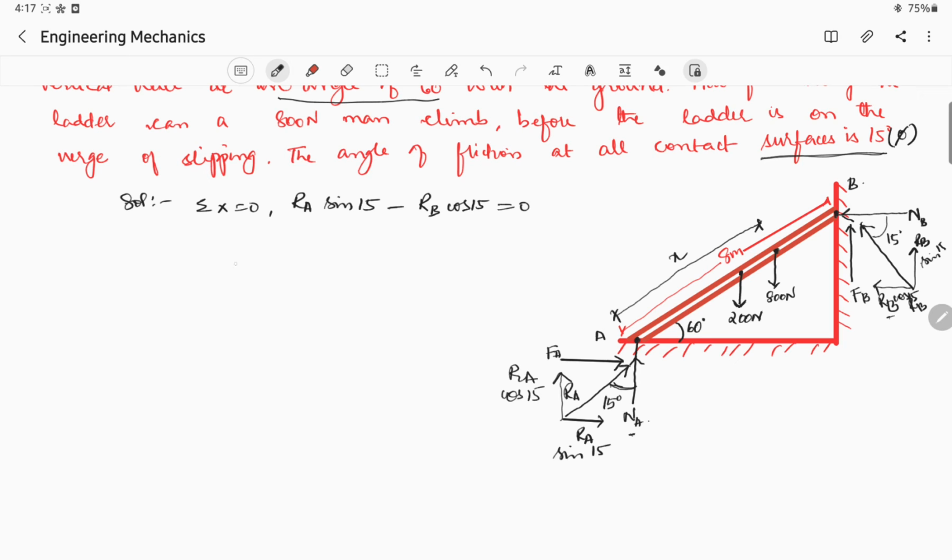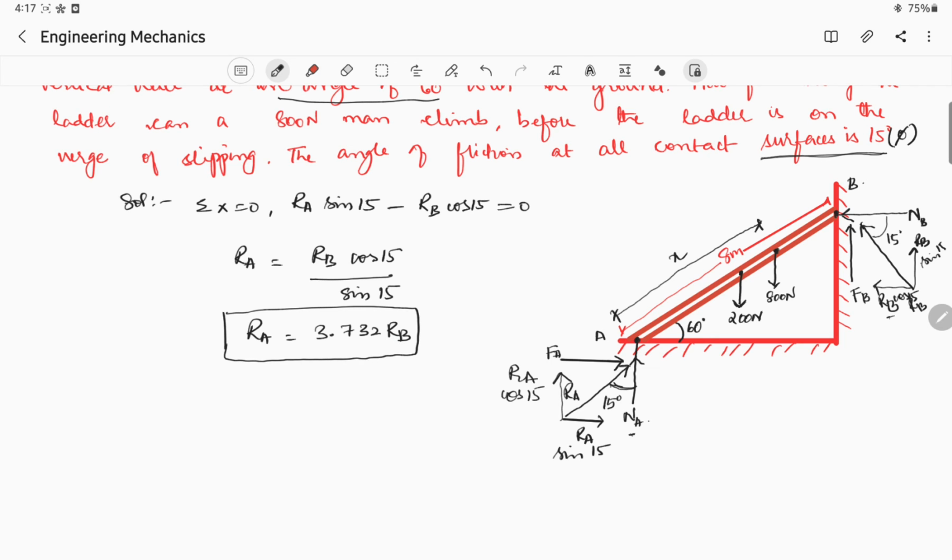So RA is equal to RB cos 15 divided by sin 15, so RA is equal to 3.732 RB.